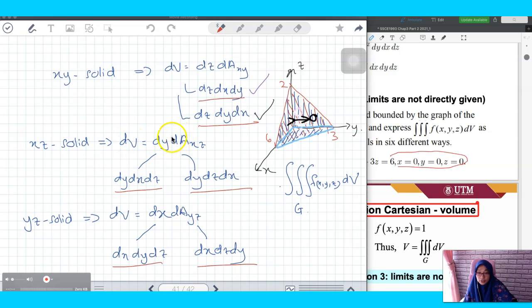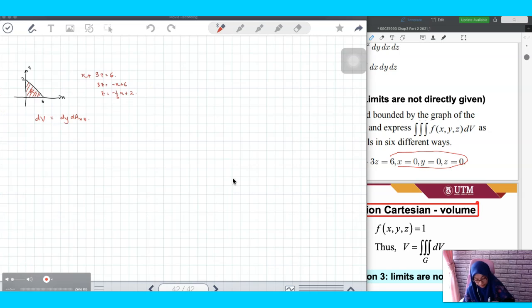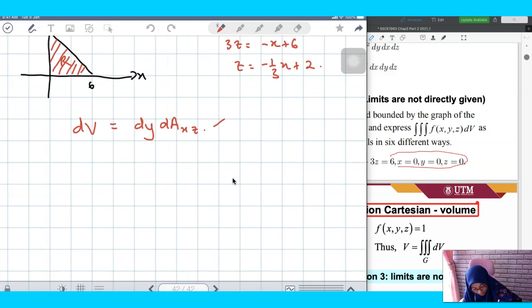Your dV in general, because you cannot see y, you have to put dy first and then dA. So your A is the part of the region lying on the x-z plane. So you have dy dx dz or dy dz dx, which means that z is constant or x is constant. So in this case, you have two options: dy dx dz or dy dz dx.